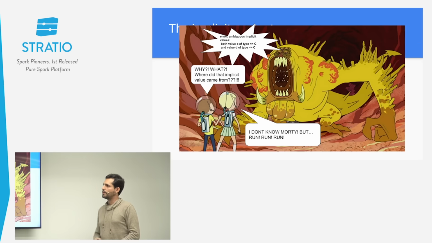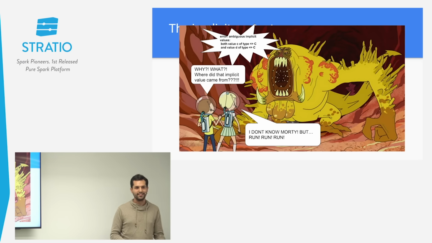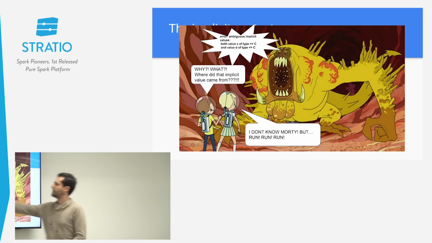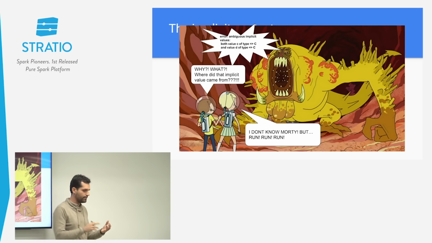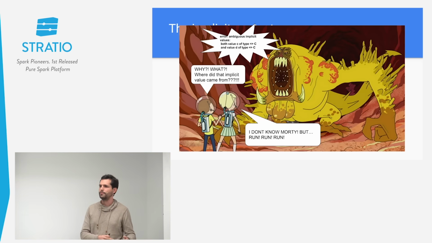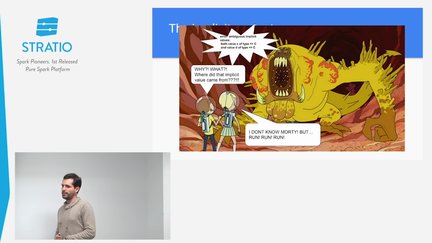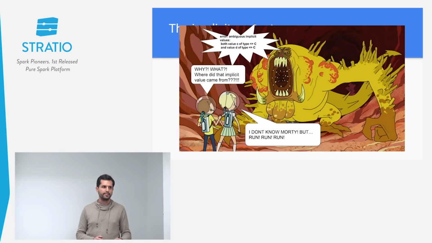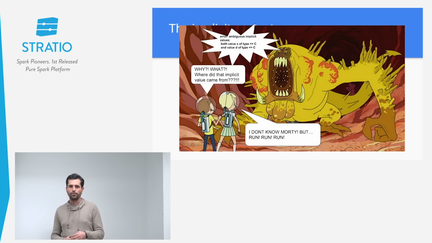Well, you have written your serializer and find this kind of error. That monster error: implicit value is defined twice, impossible to resolve implicit conversion, unable to resolve implicit value. They are horrible. You might have experience in Scala trying to debug code with implicits, and you may think, okay, this implicit thing is something Scala crazy people have created to make it a more complex language.